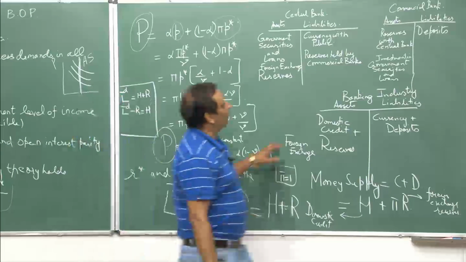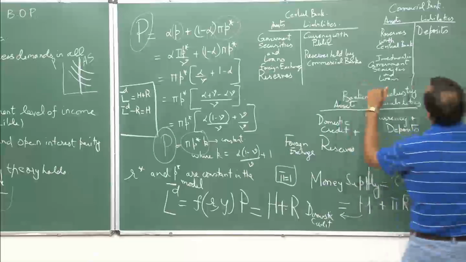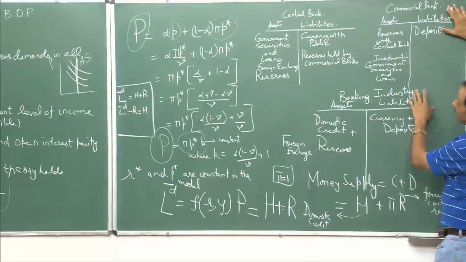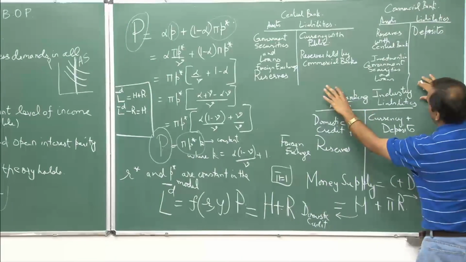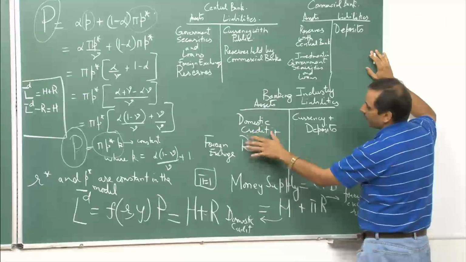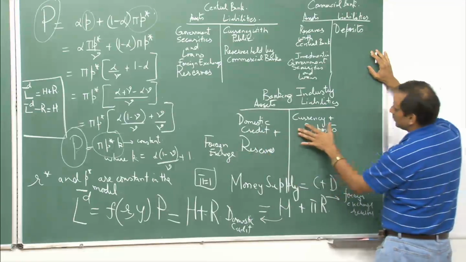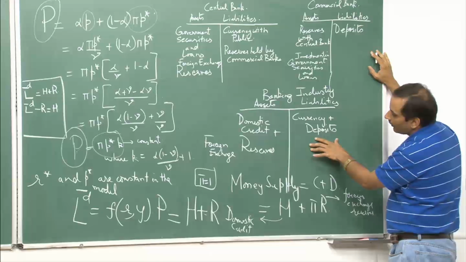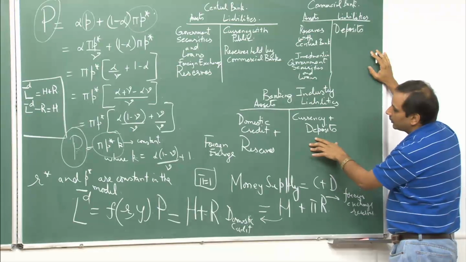Now, look at the money supply. If you combine the central bank and the commercial bank, you will get the banking industries whose assets would be domestic credit plus foreign exchange reserves. This is equal to the currency plus deposits. So, it is the same thing.